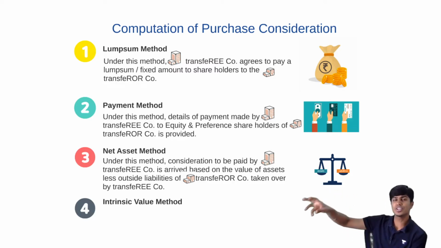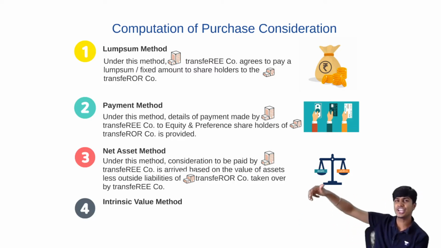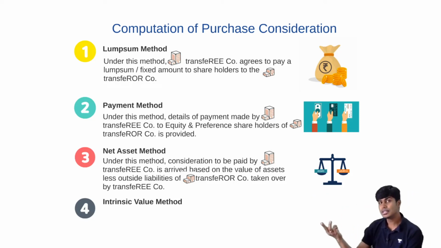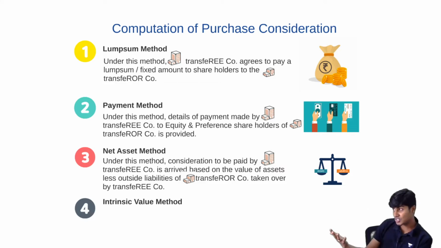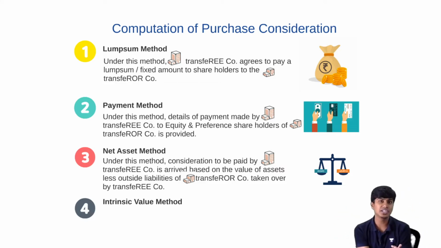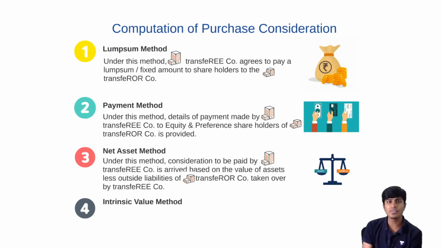For every 3 shares held in the transferor company, they get 2 shares in the transferee company. For every 5 shares in the transferor company, they get 3 shares in the transferee company. They state this ratio. How do you arrive at this ratio? How do you arrive at 5:3, 2:3, 1:2, or 6:8, whatever ratio?